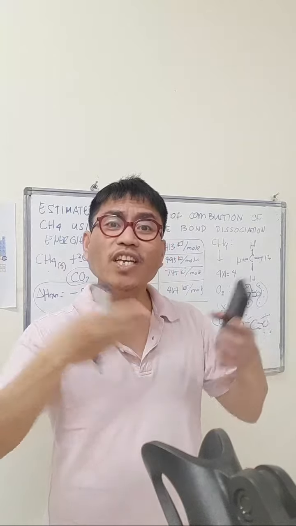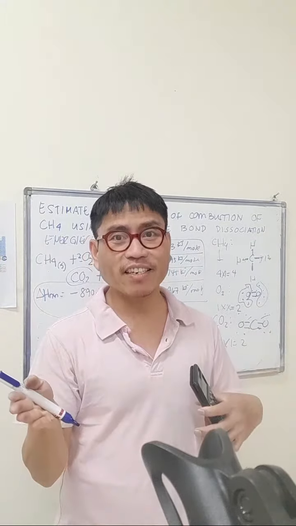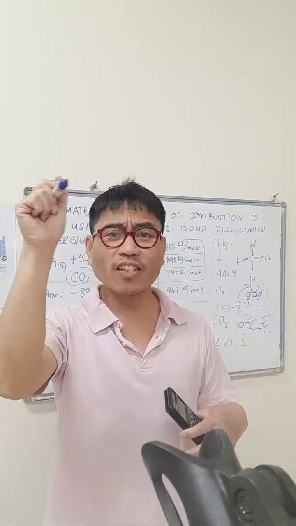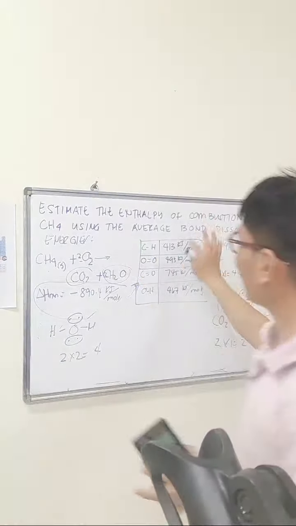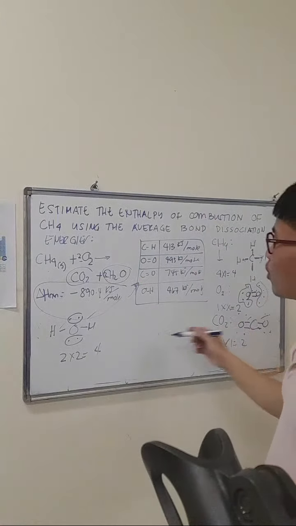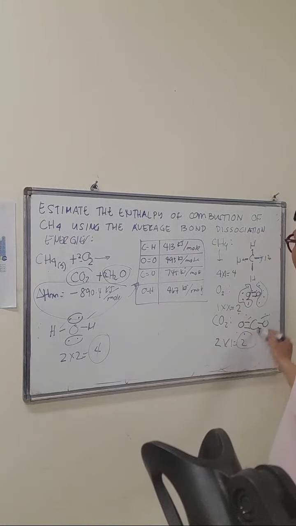chemical reaction, which is the balanced number of moles on each side, and draw the electron dot structures. This is the point of the average bond dissociation energies, because we can use this later on in our enthalpy change of combustion reaction.